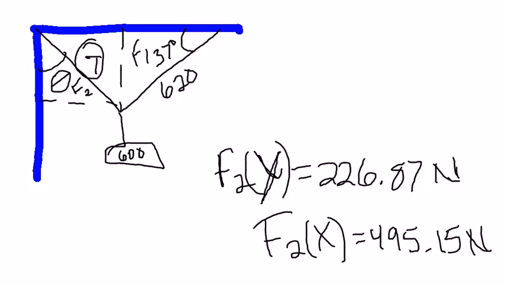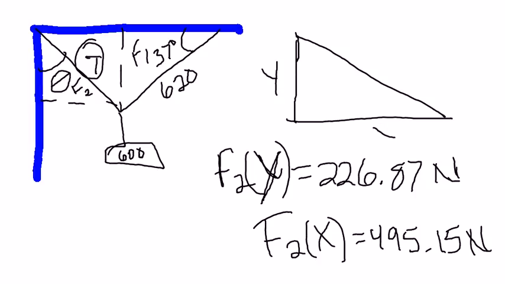Now that we have both of our F2 components, I'm going to draw yet another triangle, and this one is going to represent finding T. This is going to be your Y component, this is going to be your X component, and this is going to be T. Since we have the Y and X components, we're just trying to find the hypotenuse, and to do that it's very simple. All we have to do is a squared plus b squared equals c squared.